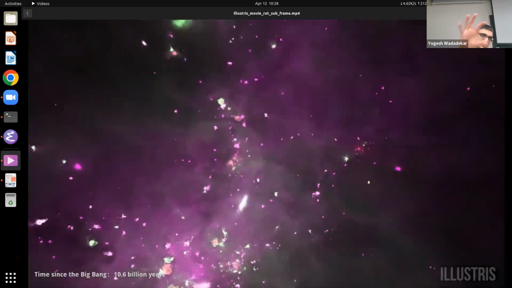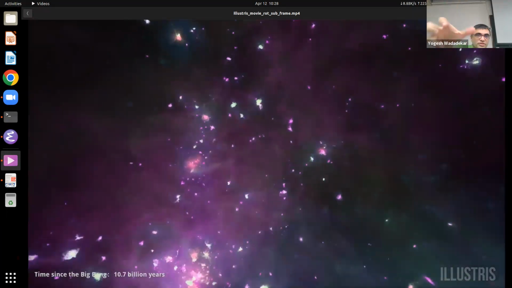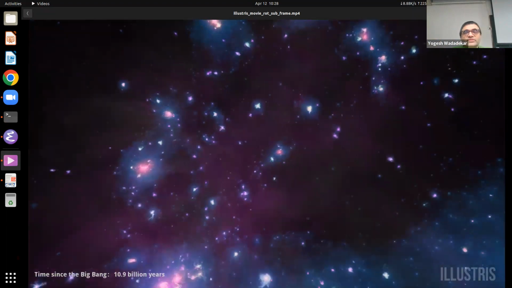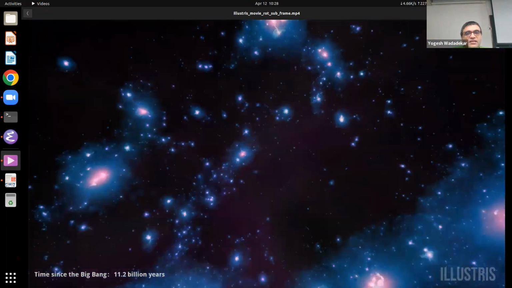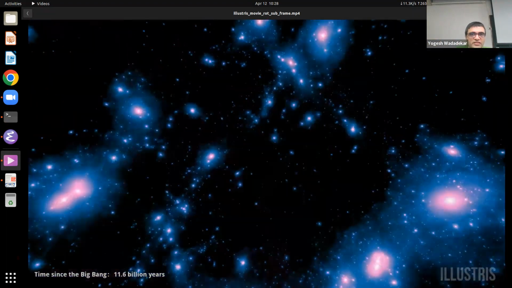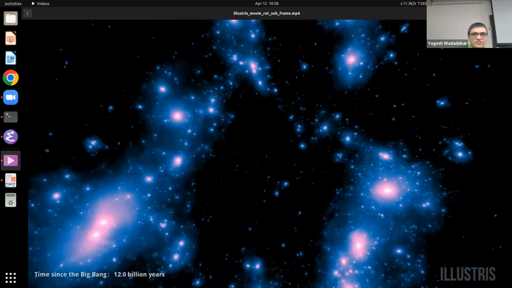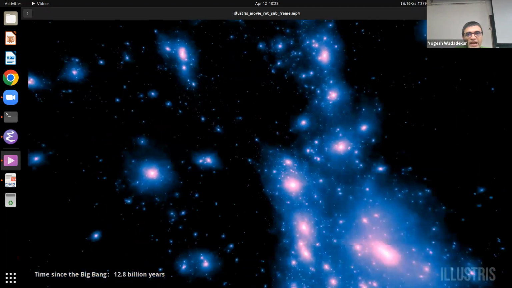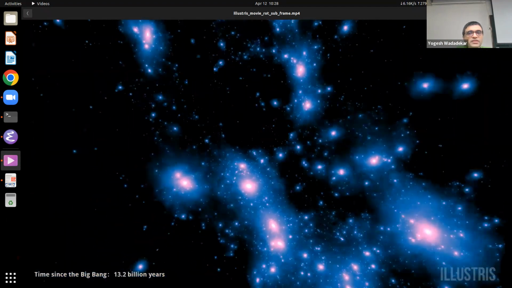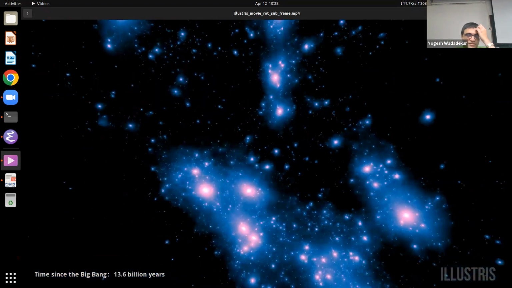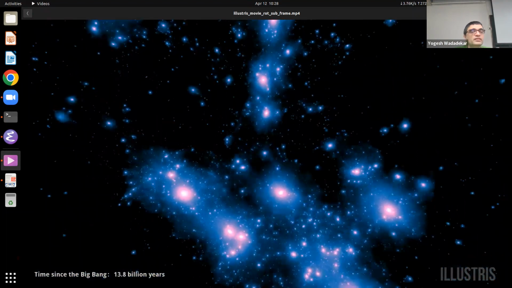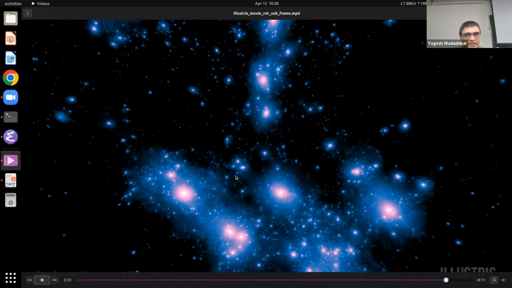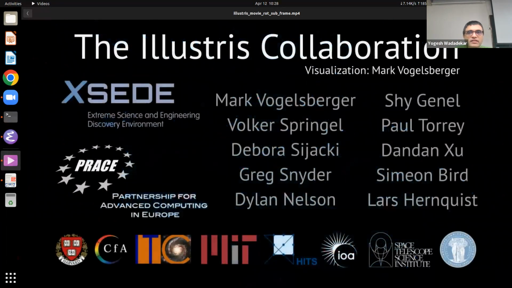This simulation does not have the resolution to show you the formation of the giant spiral galaxies, etc., but it can show you the formation of clusters. And so you can see now that there are galaxies which are merging and beginning to form the kind of galaxy structures that we see in the nearby universe. So eventually, we reach a stage where you see a galaxy cluster.